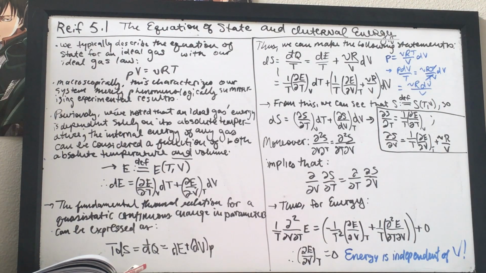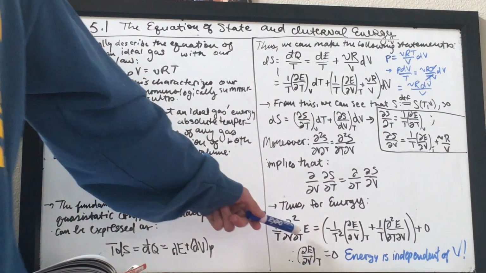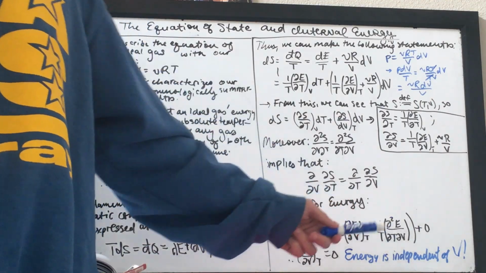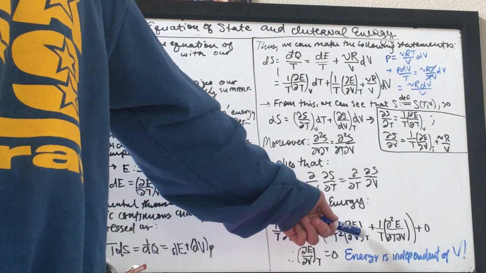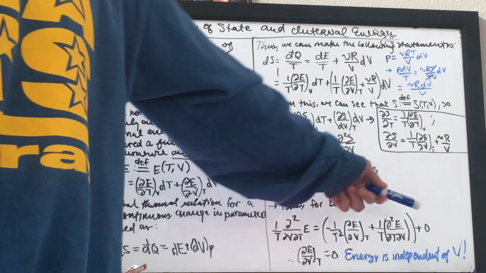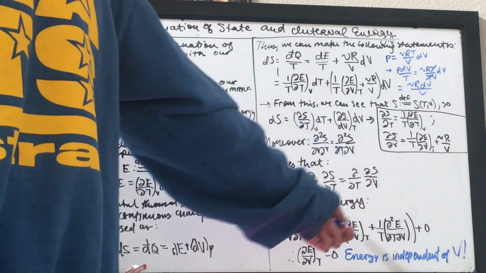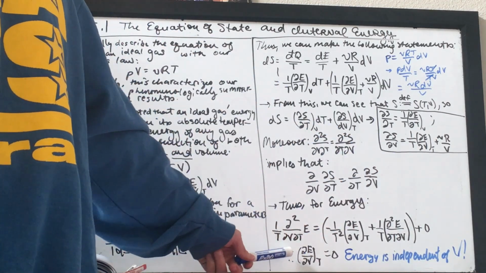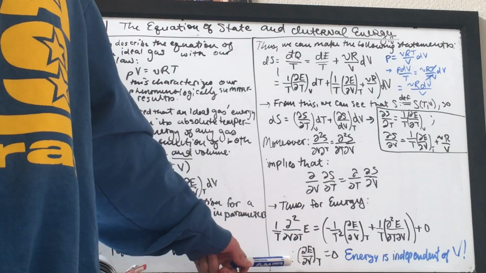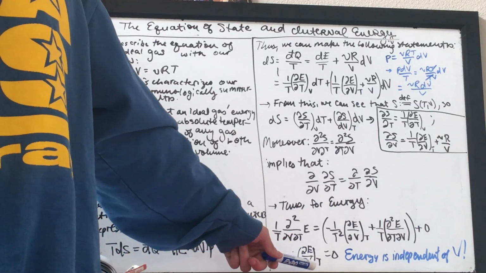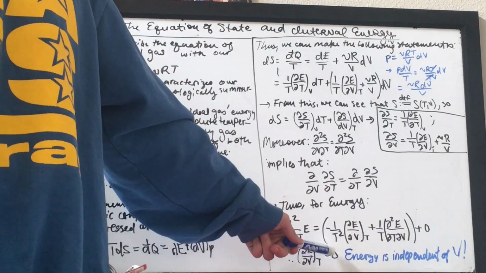Whenever we do our little cancellation of terms here, since these are equal to one another, they cancel out, leaving this whole term set equal to 0. Because this whole thing is equal to 0, we can note that the partial derivative of energy with respect to volume at constant temperature is equal to 0.